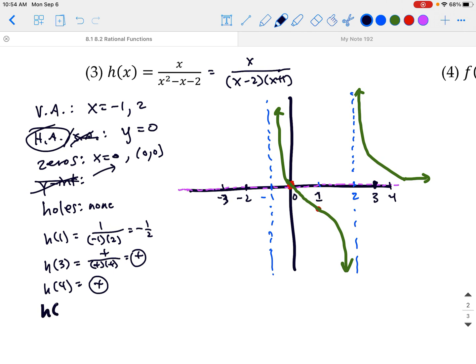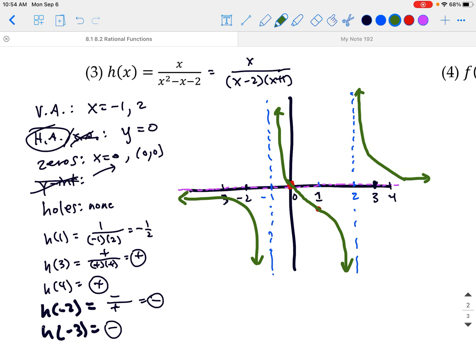And then similarly, if we did negative 2 and negative 3, negative 2 is going to give us a negative over a positive, because we'll have a negative in our numerator, and then we'll have a negative times a negative, which is positive. So this is going to be some negative number. Same thing for h of negative 3. So our graph is going to be below.